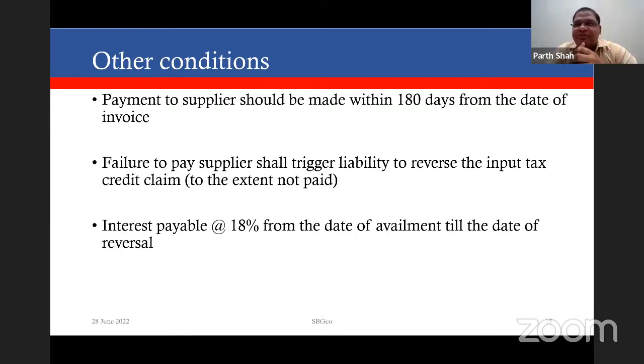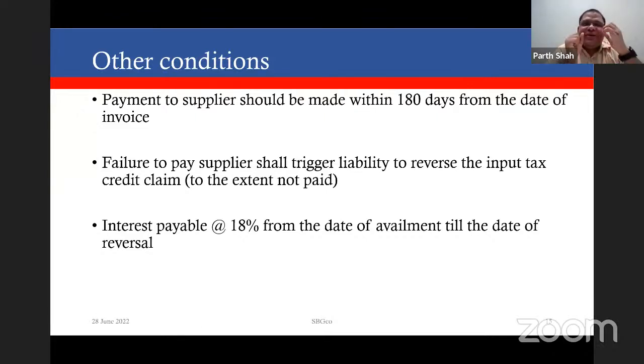But if you are not a tax credit-rich company, you always end up paying the balance of your tax liability in cash. That may not be a workable solution. At times, clients also ask us that they always have sufficient balance with them. So if there's a need to reverse my input tax credit because of non-payment, can I argue that interest is not payable? I would believe it's a difficult proposition because Rule 37.3 and the second proviso to Section 16 say that the amount of input tax credit attributable to unpaid consideration is to be added to your output tax liability.